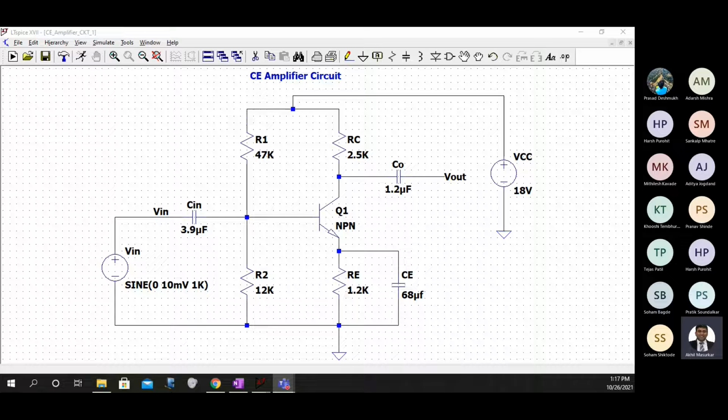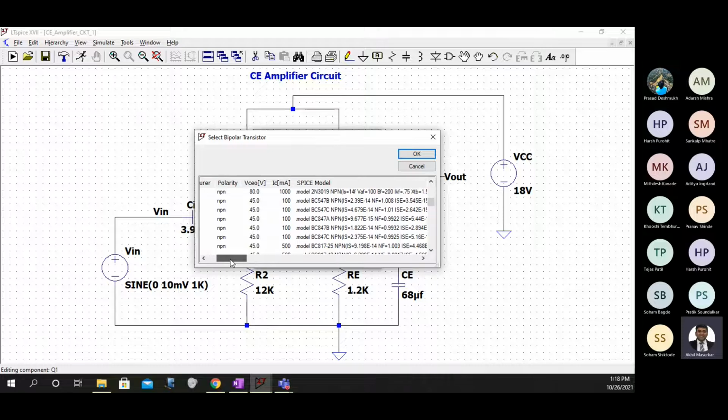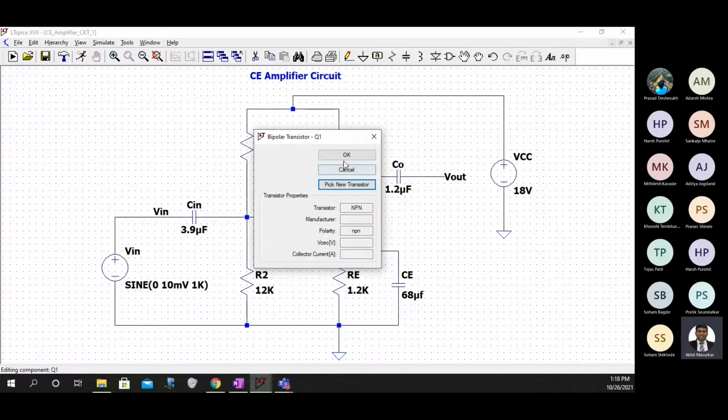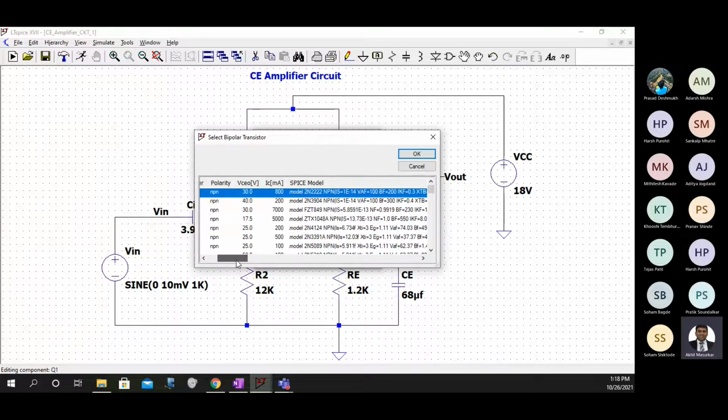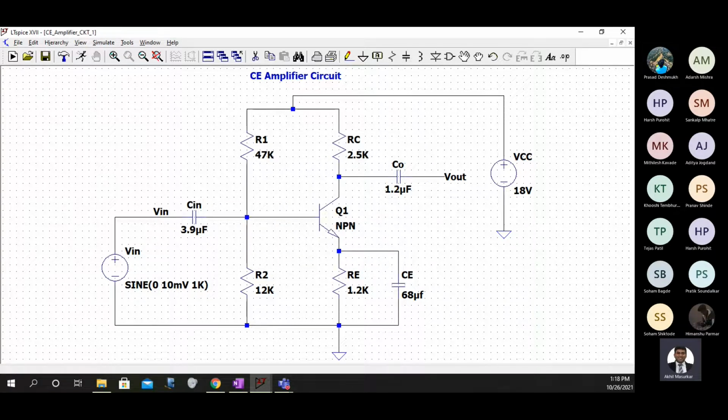So put this circuit in the chat box once you complete it. Yes, please put this in the chat box.